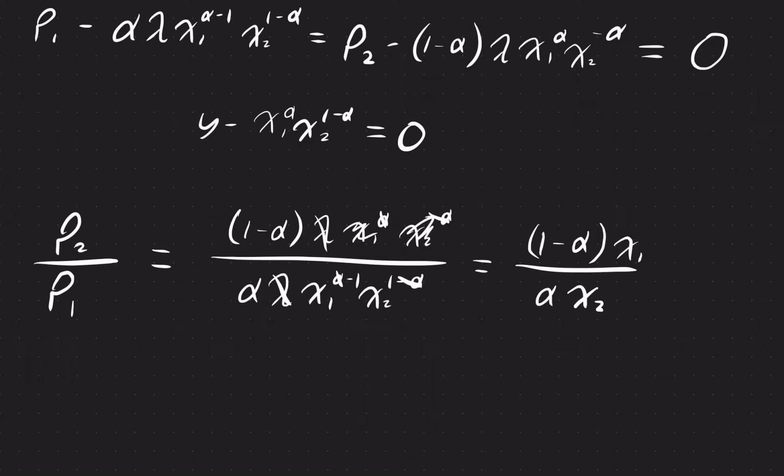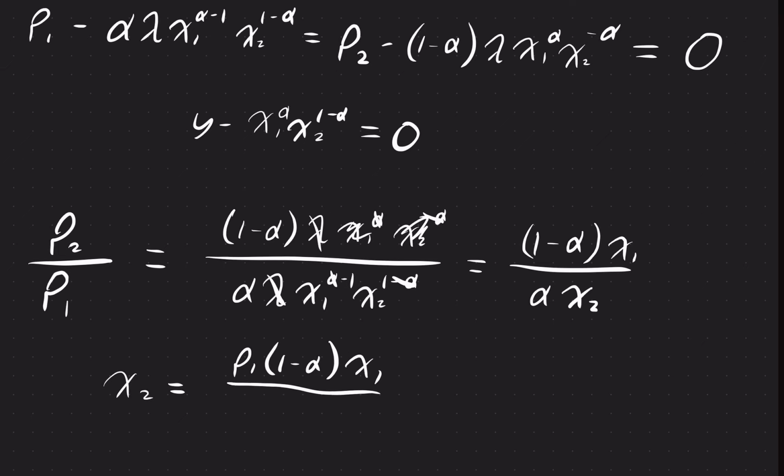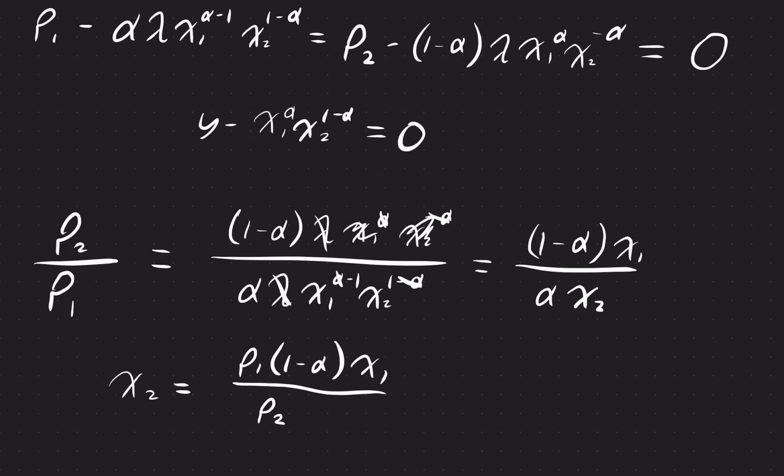So equivalently, we have x2 equal to p1 times 1 minus alpha times x1 over p2 alpha.